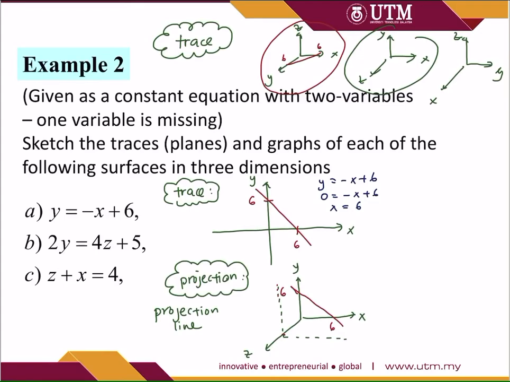It can still be like this. Basically the projection line is parallel to the z axis. You need to sketch like this and continue, and it is parallel to z. Therefore you know that this is the surface for y equal to negative x plus 6.